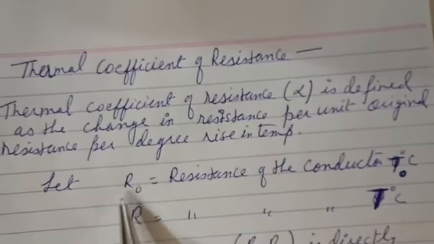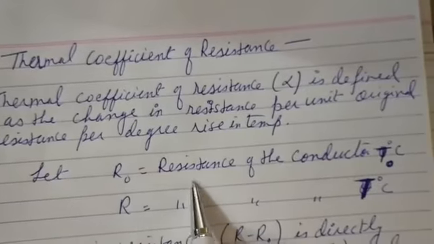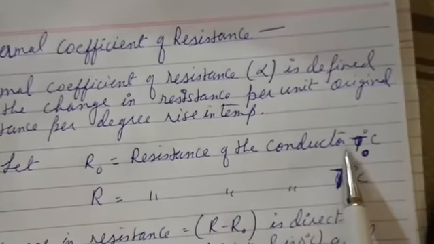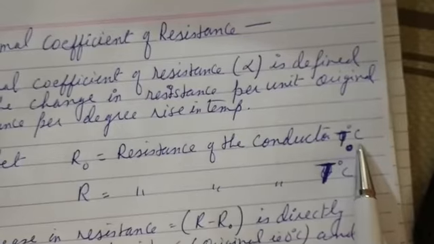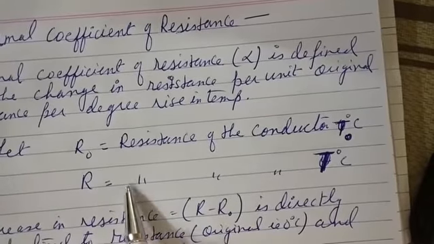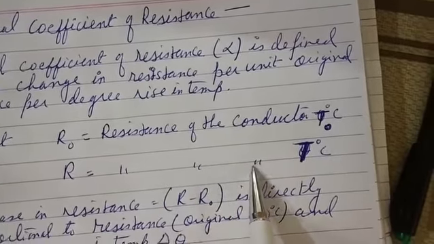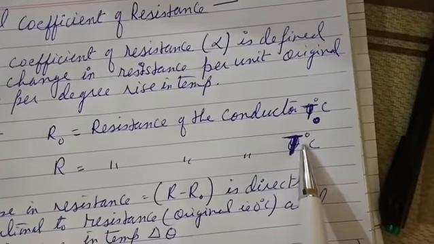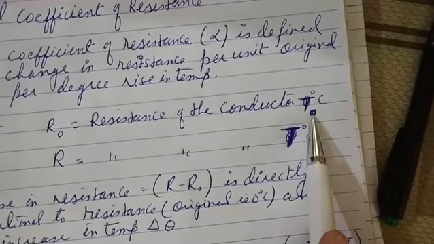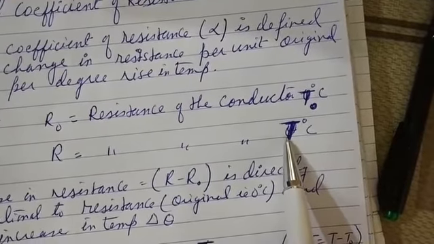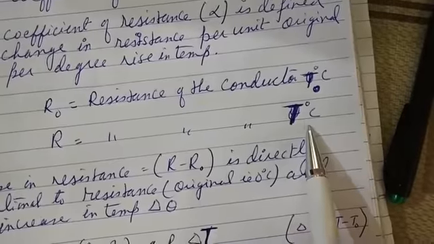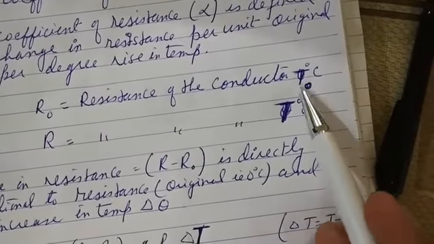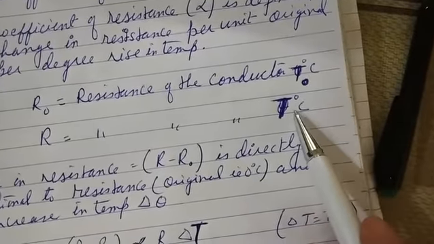So let R0 be the resistance of the conductor at any temperature T0 degree Celsius, and R is the resistance of the conductor when temperature is increased to T degree Celsius. You can take 0 and theta also, but I have taken T0 and T.